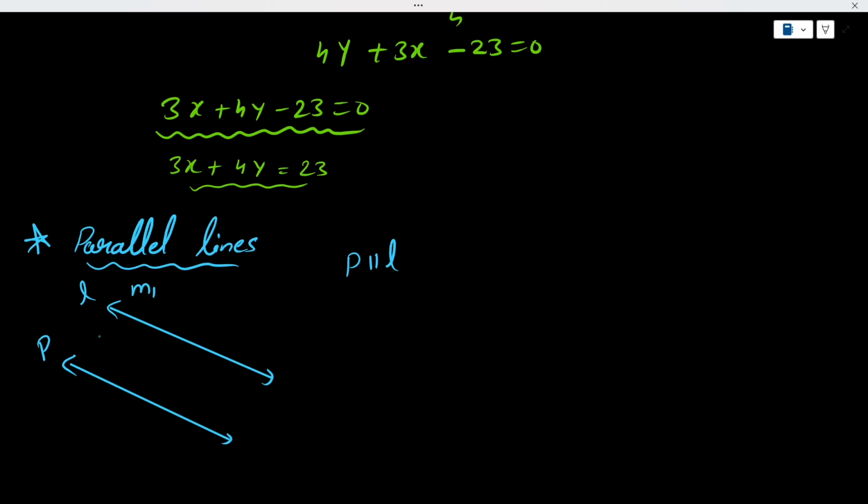If I write that gradient is M1, and another line, line P, has gradient M2. You have to remember, whenever there are parallel lines, their gradients are always equal.